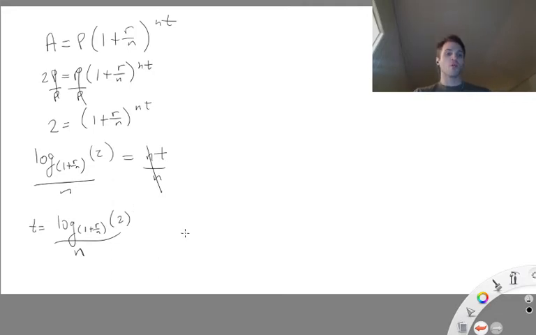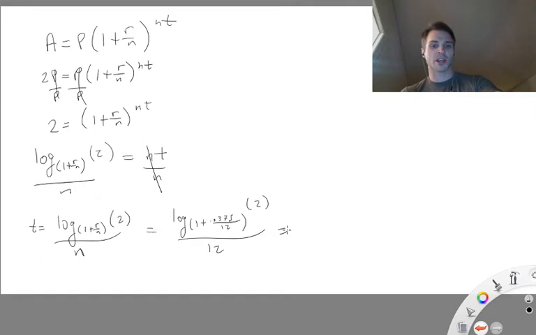Okay, so now we're just going to plug in our values that we had before. So this is going to be equal to the log to the base of 1 plus 0.0375 over 12, and we have to convert percentages to decimals by moving the decimal to the left 2 times, and that whole thing is our base of 2, and then we're going to divide that by n, which is 12 in this problem. Okay, so I will plug this into my calculator. And so we need to do a change of base, which you guys know how to do.